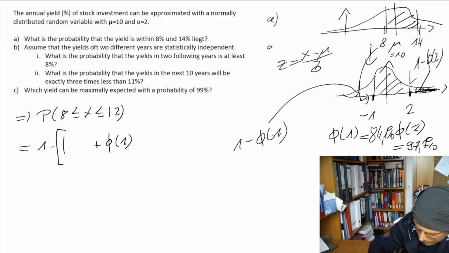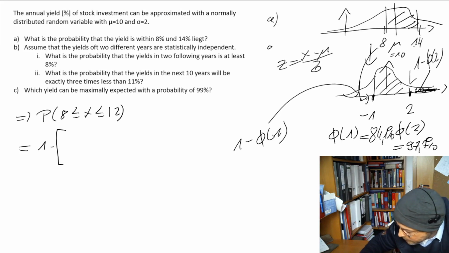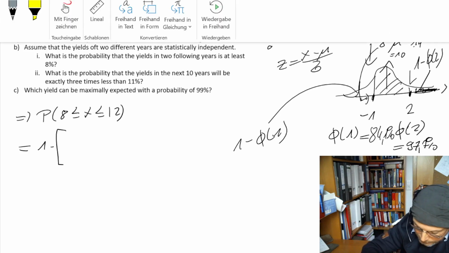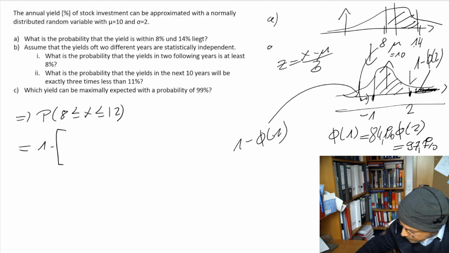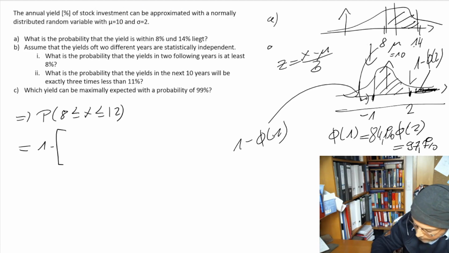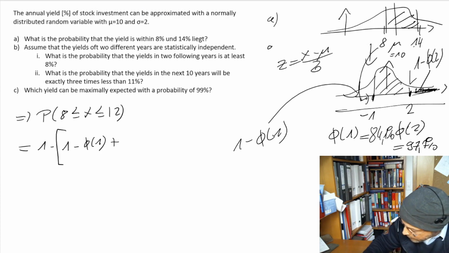Let's see. 100% is everything. So this area is 1 minus phi of 1. So 1 minus phi of 1 plus this area here is 1 minus phi of 2.